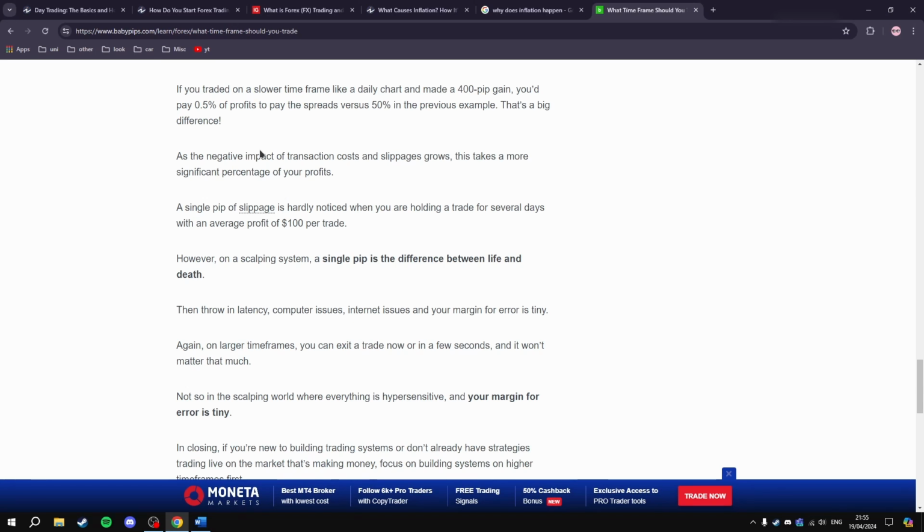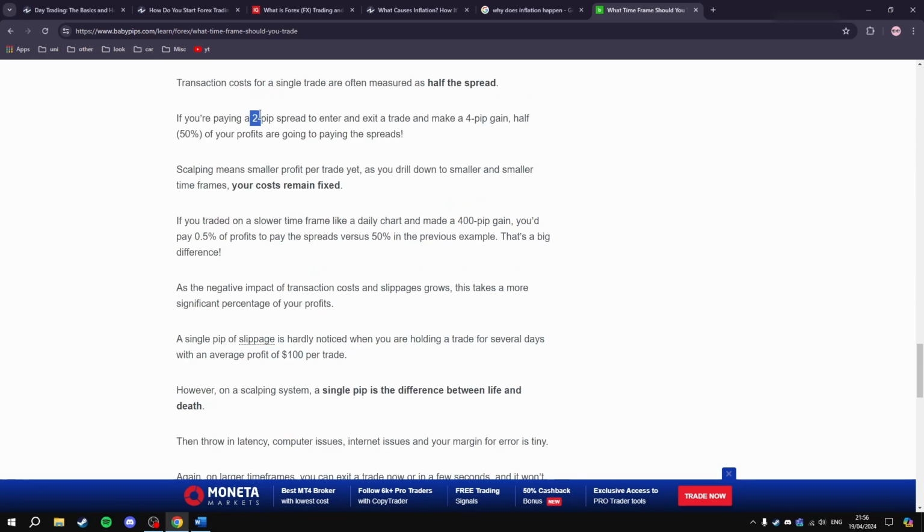If you traded on a slower time frame like a daily chart and made a 400 pip gain, you'd pay 0.5% of profits to pay the spreads, versus 50% in the previous example. That's a big difference. Oh, I see. If there was a 2 pip spread and you made 400 pips on a daily chart, you only have to pay 2 pips, which is 0.5% out of 400.